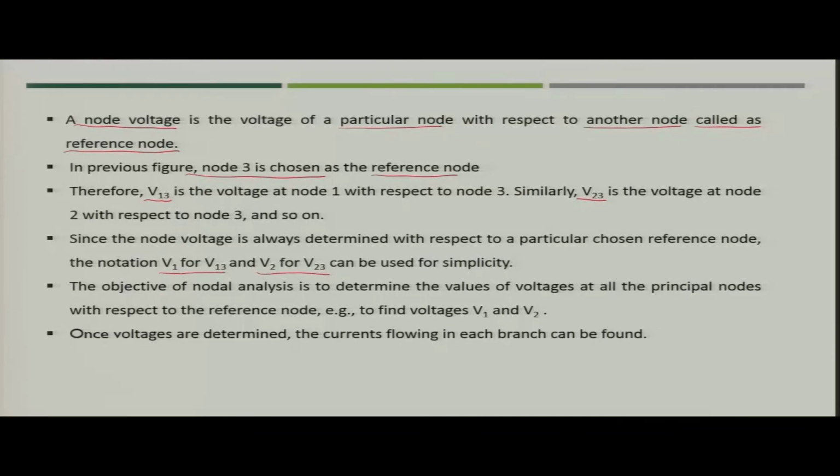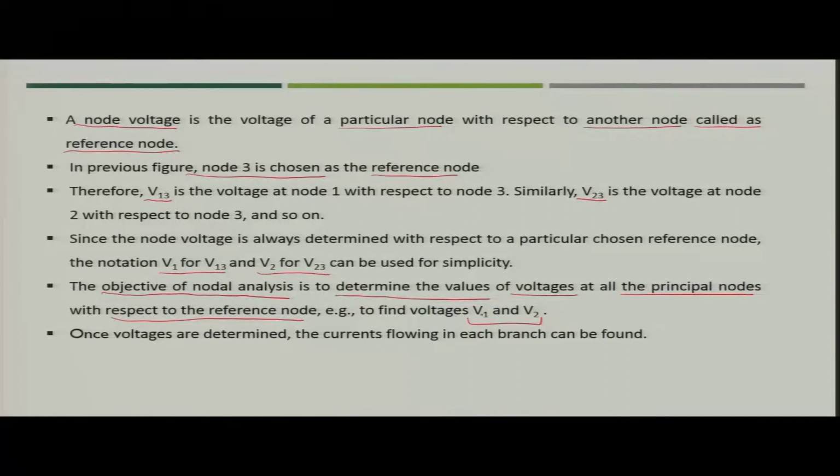Now, what is the overall objective of our nodal analysis? The objective is to determine the values of voltages at all the principal nodes with respect to the reference node. In this case, the objective is to find the voltages V1 and V2.